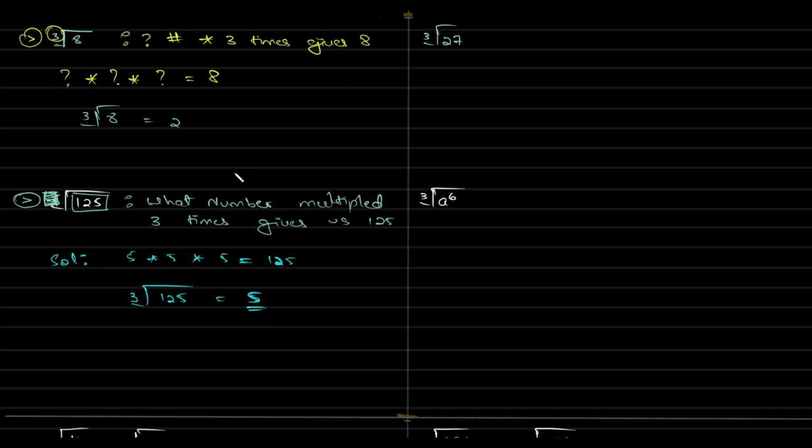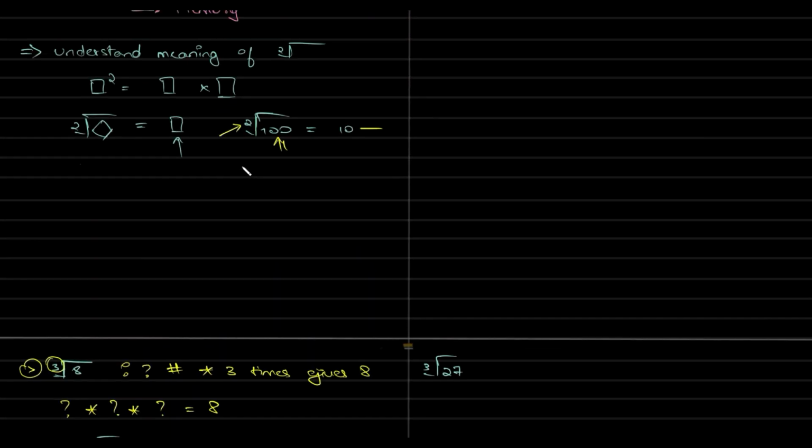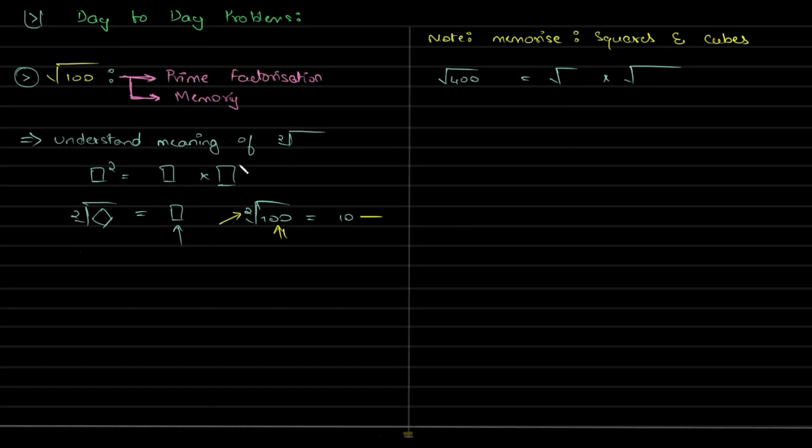Okay, now this is something which I have memorized and I told it, but what if you have not memorized something? How do you find the root of that? We'll learn that. There are two ways. One is memory, so basically that is out of the scene. So there's only one way as of now.